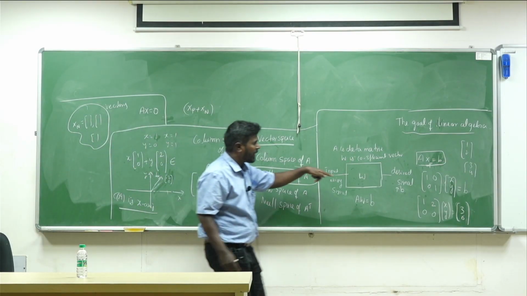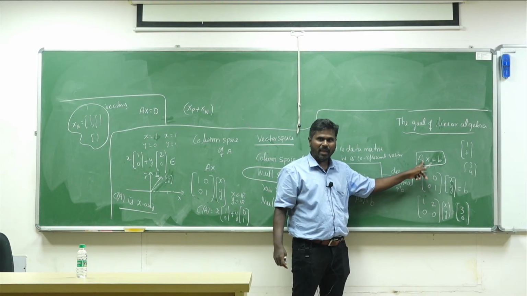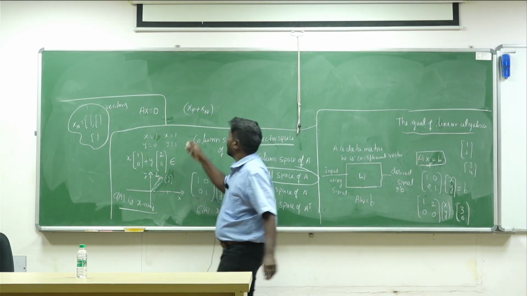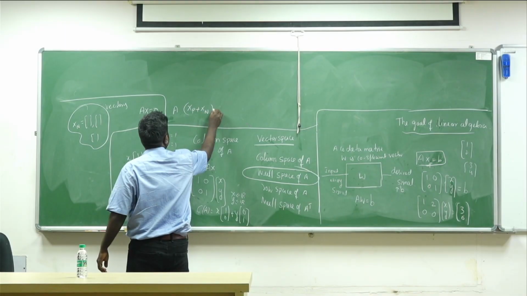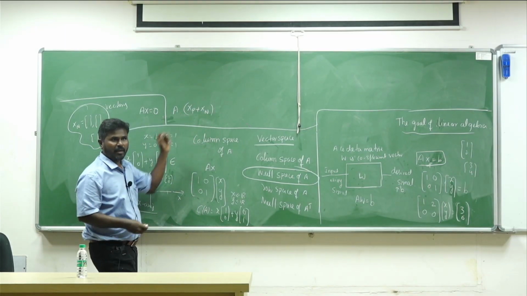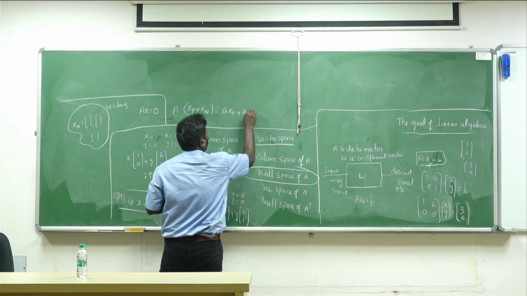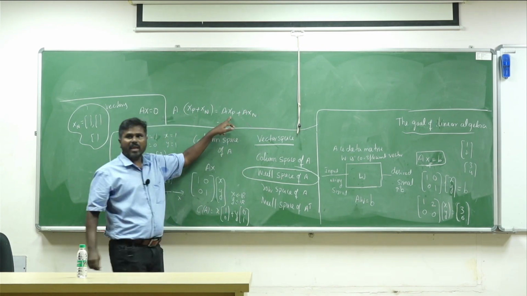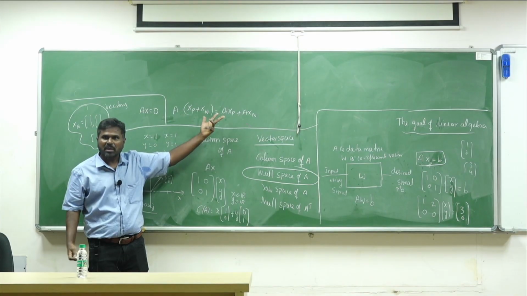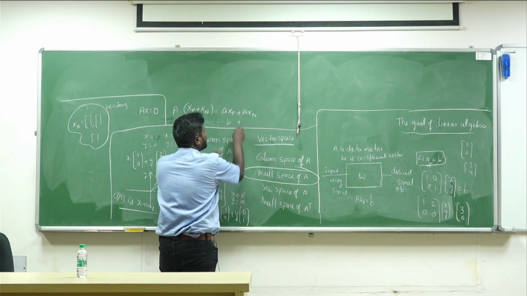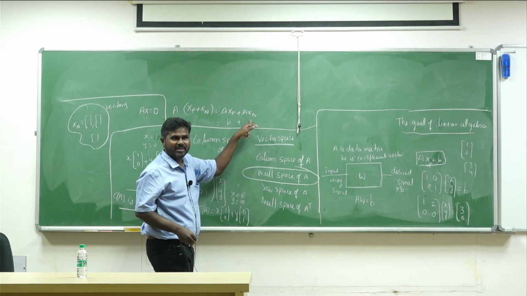When I multiply that solution with A, I should get B. What is Axp? B.